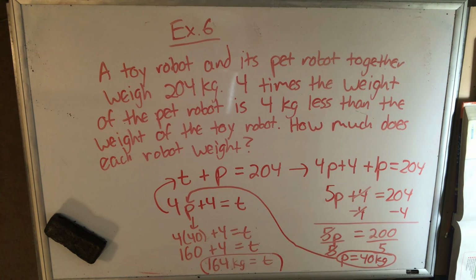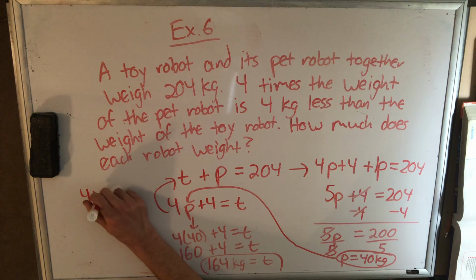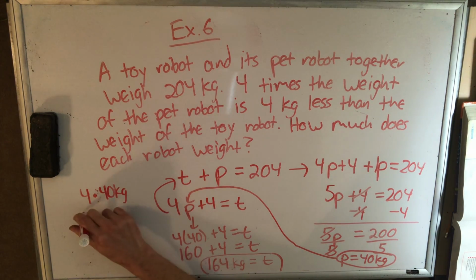And you can check your answer by doing 164 kilograms for the weight of the toy robot plus 40 kilograms for the weight of the pet robot, and you would see that together their weight does indeed equal 204 kilograms. And then checking it with the second sentence, 4 times the weight of the pet robot, so 4 times 40 kilograms is equal to 160 kilograms.